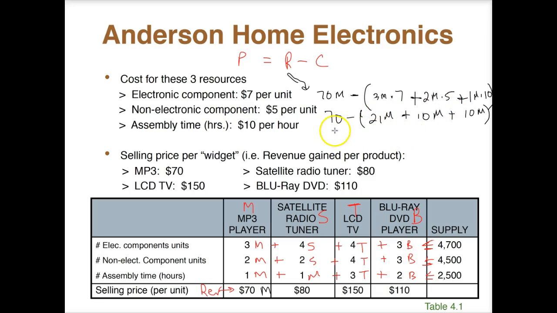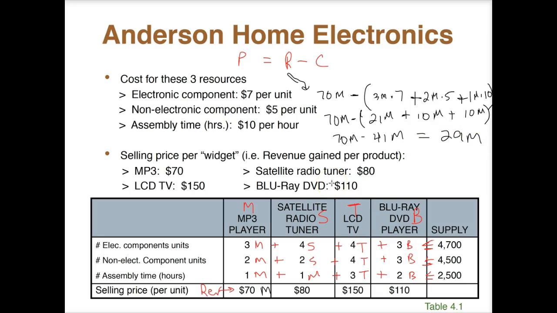So if we add all that up, we get 41M on the inside there. And we rewrite this to write this correctly. So that will be 70M minus 41M, and that ends up giving me 29M.